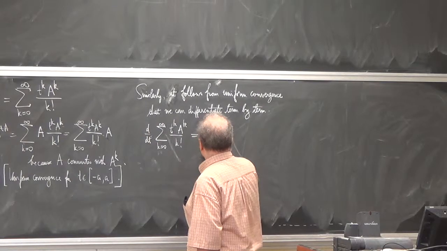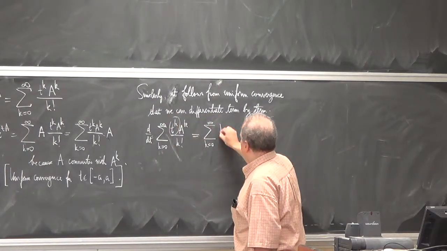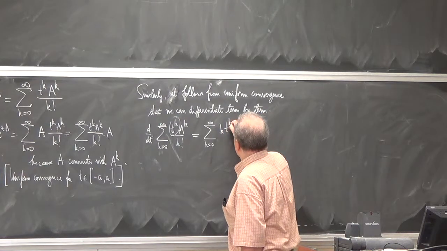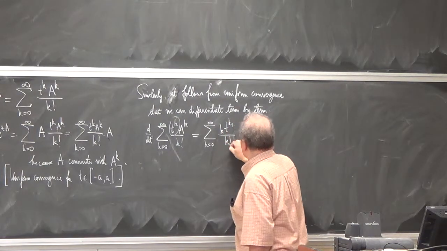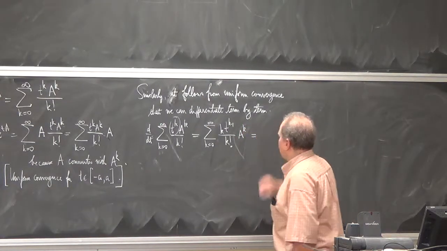So differentiation term by term means you take the derivative with respect to t, and then what happens?